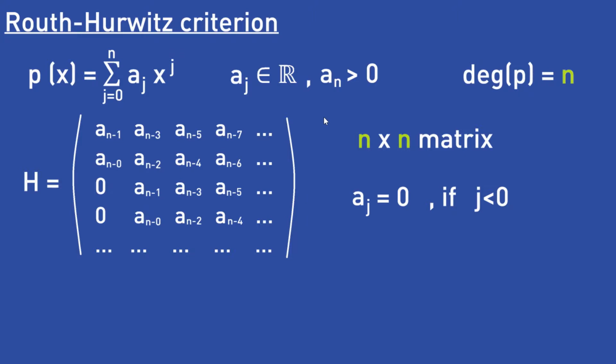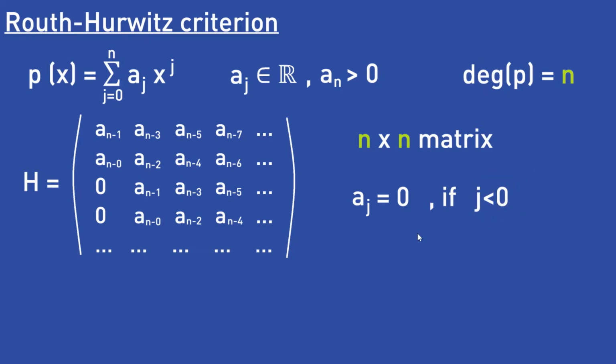If the index j becomes negative in the Hurwitz matrix, we just set this entry equal to 0 in the matrix. So aj is equal to 0 if the index j is smaller than 0.